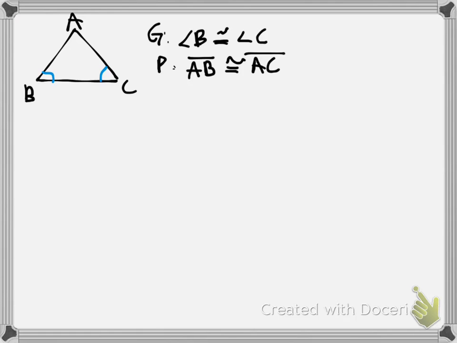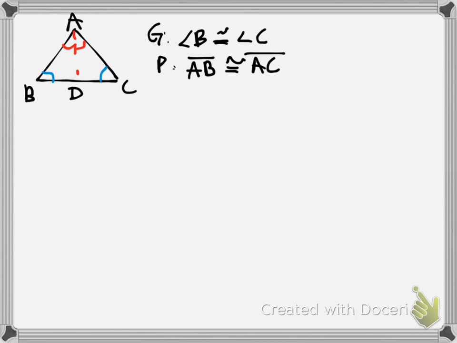So in order for this to work, we're going to have to, again, create two triangles. And to do that, we're going to drop that auxiliary line. But again, we're going to drop it in a very specific way. We're going to drop it so that it bisects that angle again. Okay, so we're going to drop it so that this becomes true. And we'll call that point D again.